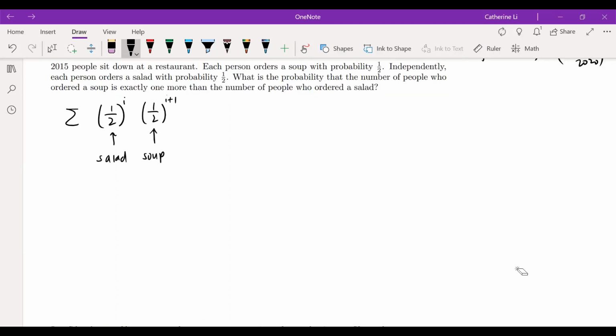And then we have 2015 choose I, 2015 choose I plus 1.